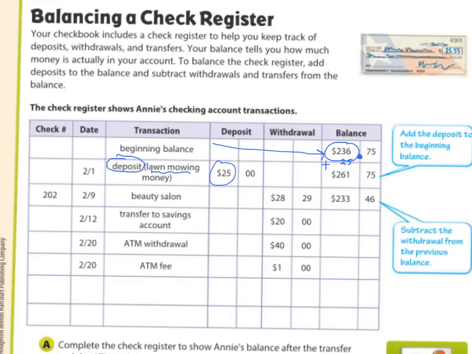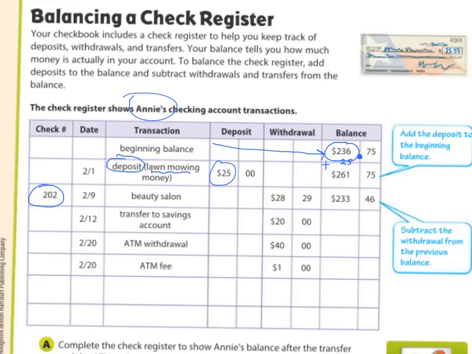Now what happens when, is it a guy or a girl? Oh, it's Annie. Okay. She's mowing yards. Then she goes to the beauty salon. Does she get money or does she have to give money at the beauty salon? She has to give money. She uses a check. It tells you check number 202. Checks are numbered, so you can keep track.